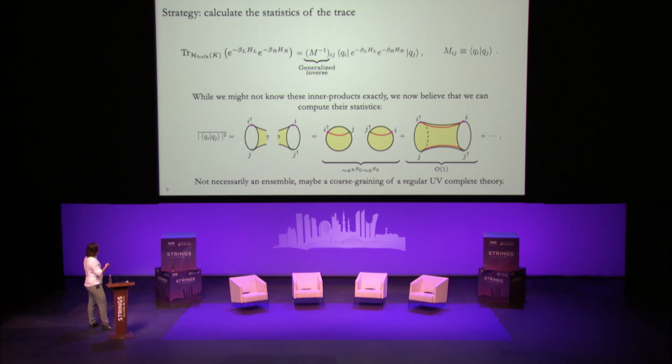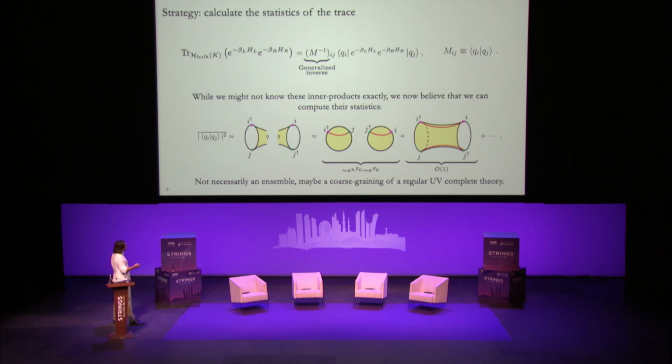So for instance, if instead of just computing the statistics of qi qj, I compute the statistics of qi qj squared, there's a series of possible contributions to take into account. The leading contribution comes from disks, or ordinary black hole geometries. And the first subleading contribution comes from a wormhole geometry that connects the two inner products.